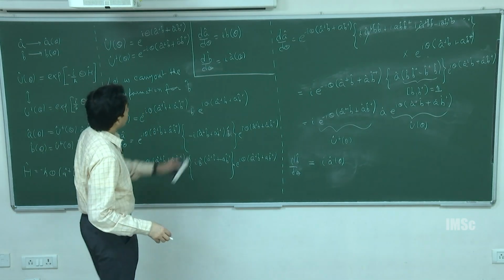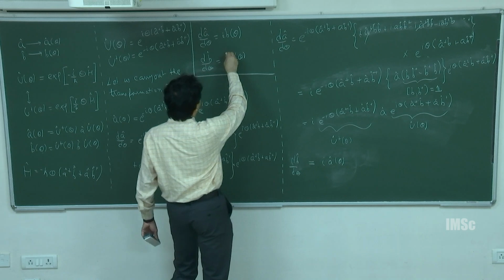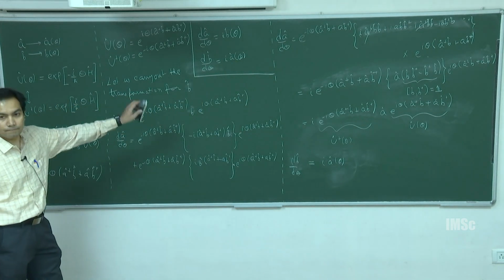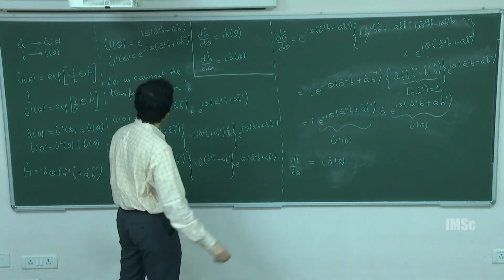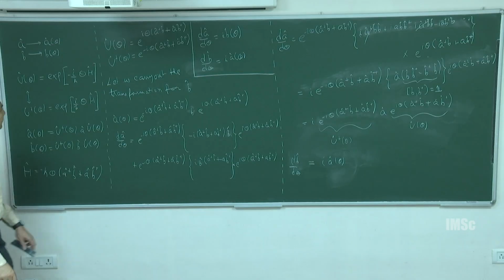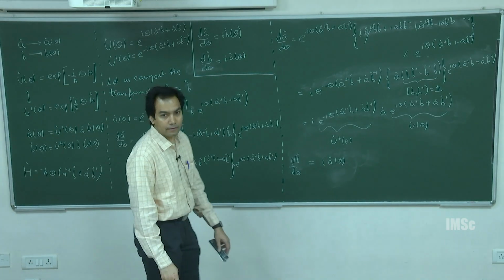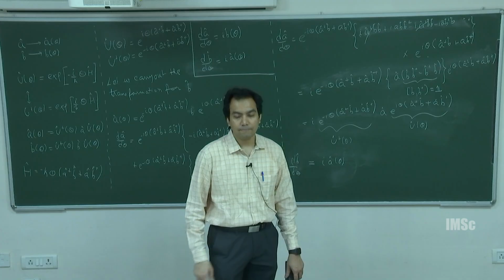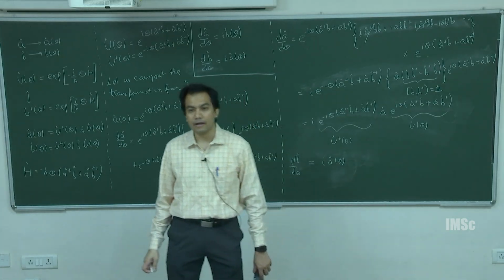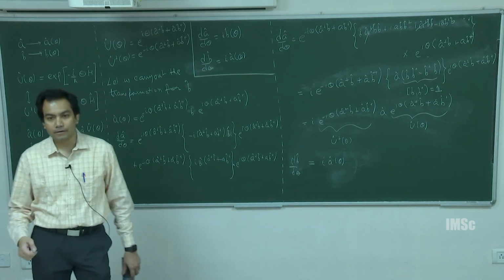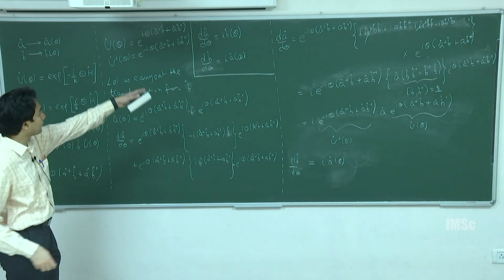So that's clear. This is how you carry out the unitary transformation. This is another way of computing the final result, carrying out the transformation for A and B. Okay. So what do we do now?